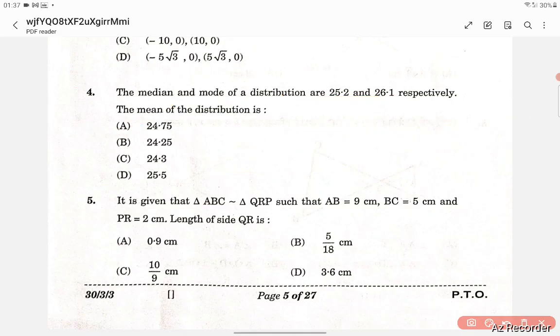Alright, now the next question. It is given that triangle ABC is similar to triangle QRP, and all of these things are given, so you're supposed to find QR. Now as these triangles are similar, we can take the ratios.